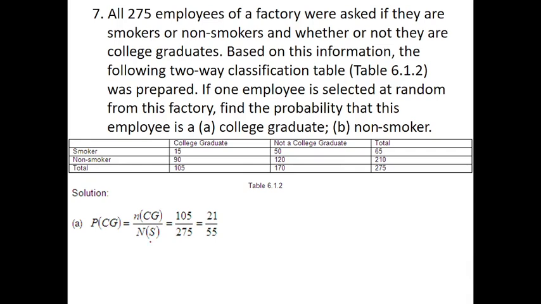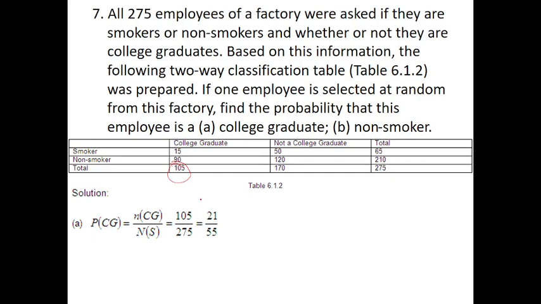So yun yung ating sample space. So ilan lahat ng college graduate natin? 105, no? Whether smoker or non-smoker. Basta college graduate, regardless kung smoker or non-smoker. So ito yung total na consider natin, 105.